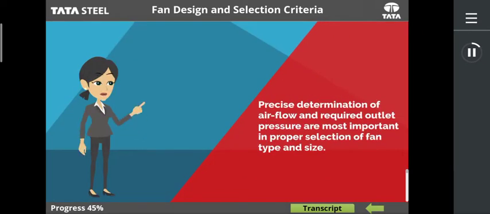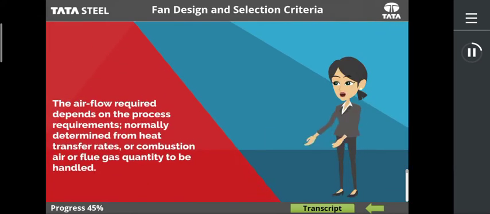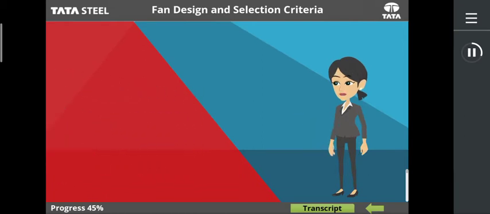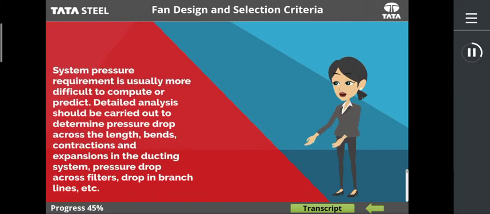Precise determination of airflow and required outlet pressure are most important in proper selection of fan type and size. The airflow required depends on the process requirements, normally determined from heat transfer rates or combustion air or flue gas quantity to be handled. System pressure requirement is usually more difficult to compute or predict.